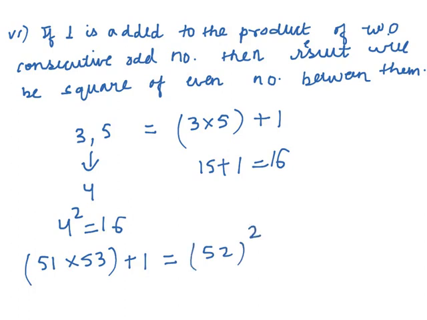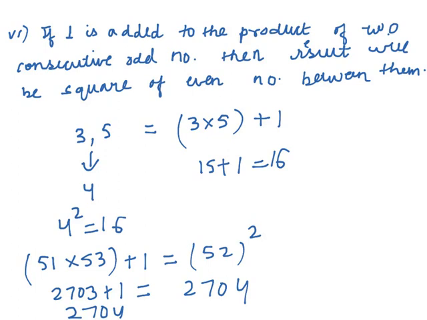So 51 times 53 we will get 2703, plus 1 is equal to 2704, and the square of 52 is 2704. So this is a property that says if we add 1 to the product of any two consecutive odd numbers, then it will be equal to the square of the even number between them.